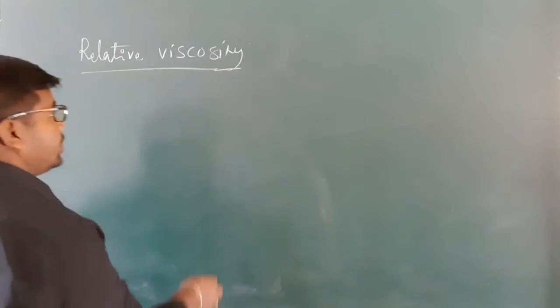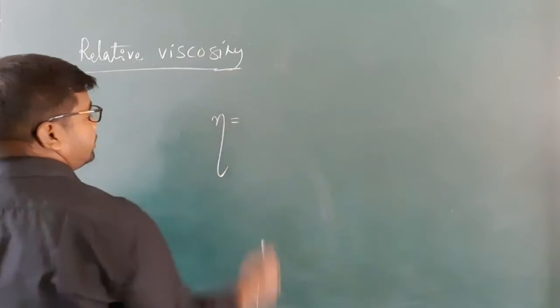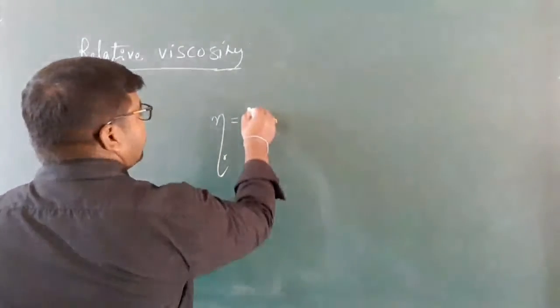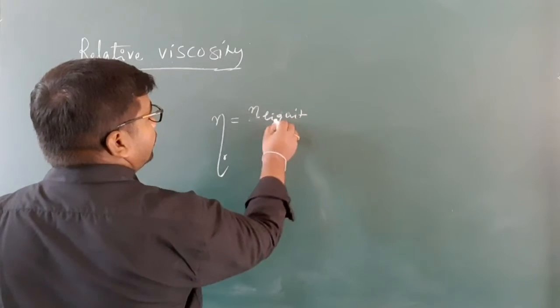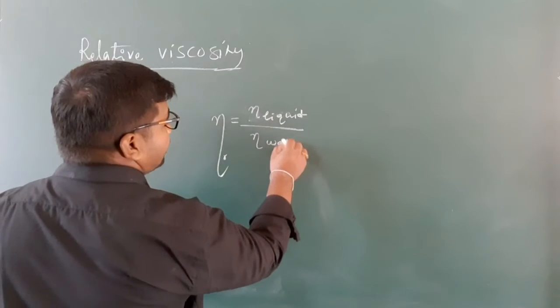It is denoted eta relative, which is equal to the coefficient of viscosity of liquid to the coefficient of viscosity of water.